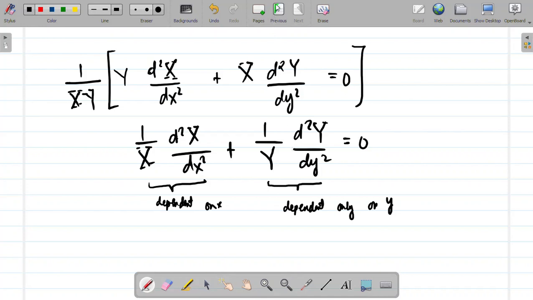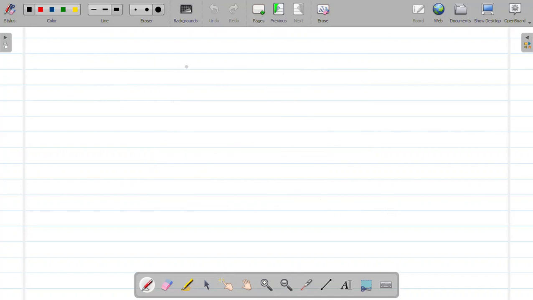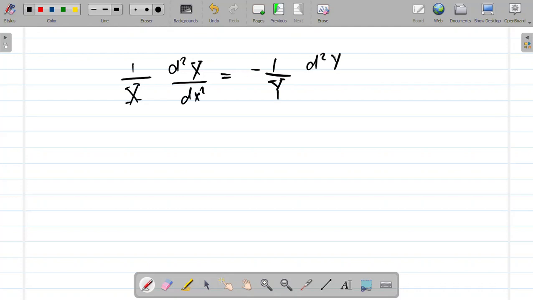So, isulat natin. 1 over big X, d squared X over dx squared equals negative 1 over Y, d squared Y over dy squared equals constant. Let's say k squared. Okay?